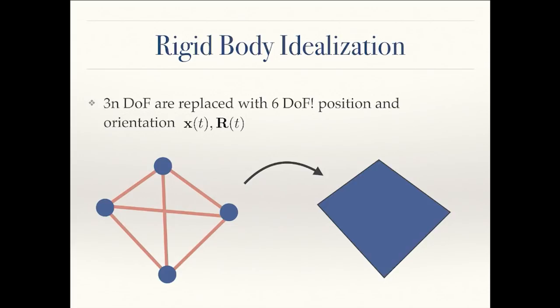So what are these 6 degrees of freedom? Just like a particle, we have 3 for position. But now a rigid body also has spatial extent, and so we have another 3 degrees of freedom to describe its orientation. That's labeled here as R for a rotation matrix. So if we look, for example, at this object here, which could be modeled as rigid, 3 numbers will be used to say where it is in space. And then we have 3 more numbers for its orientation. Imagine a sphere around this.